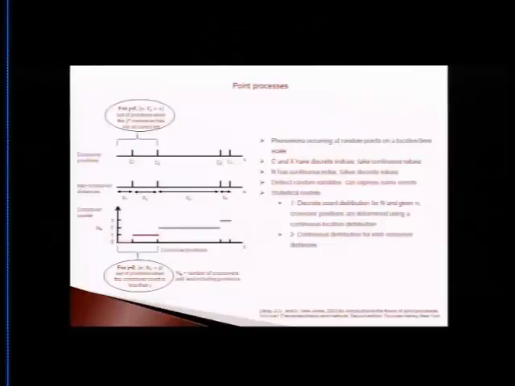So N(s) at this point will be 1 because that is the number of crossovers until that position here. So this has a continuous index, but it takes discrete values. They seem like distinct random variables, but they can express the same events.